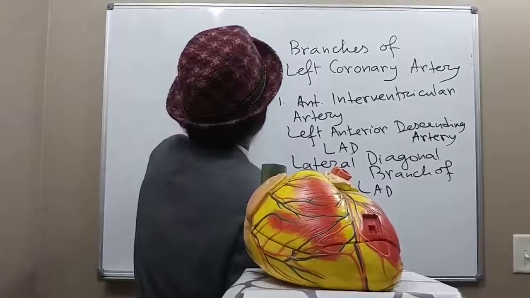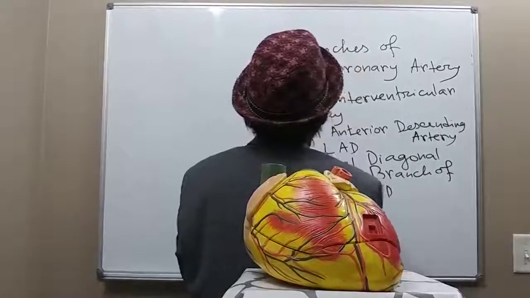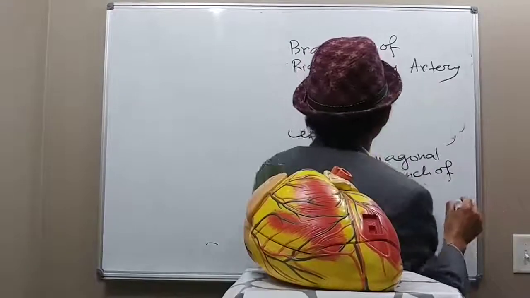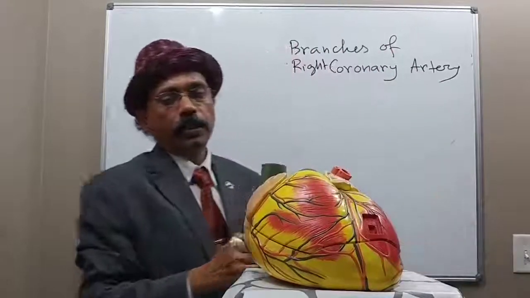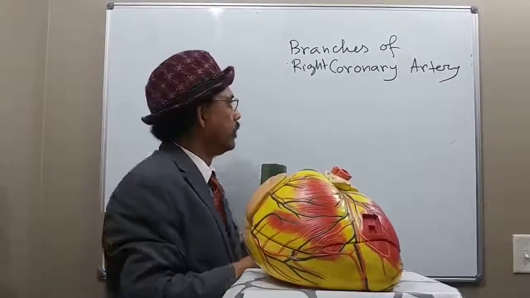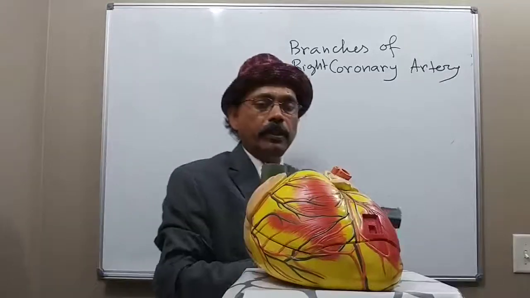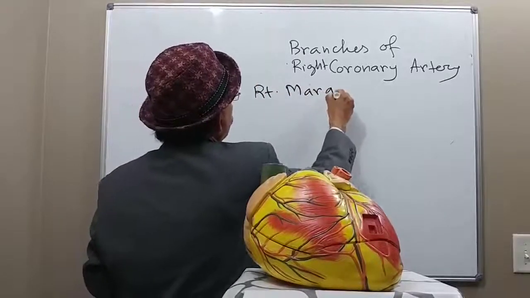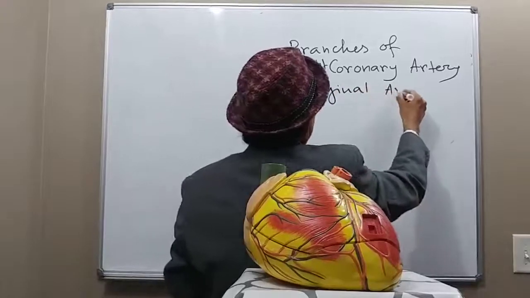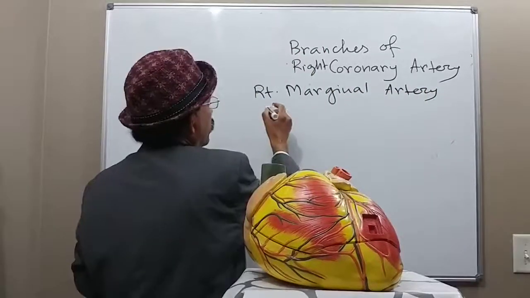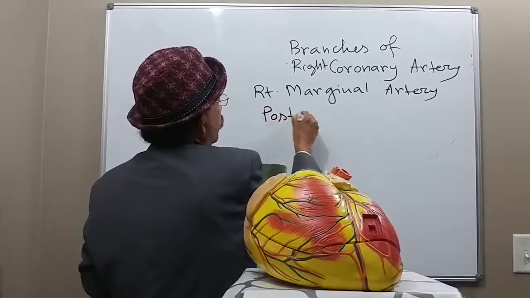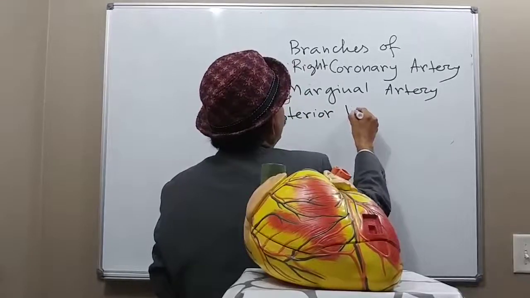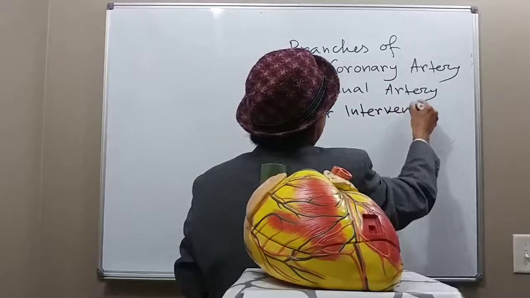Now, what are the branches of the right coronary artery? Right coronary artery has branches like the right marginal artery, and the posterior interventricular artery, also called the posterior descending artery.